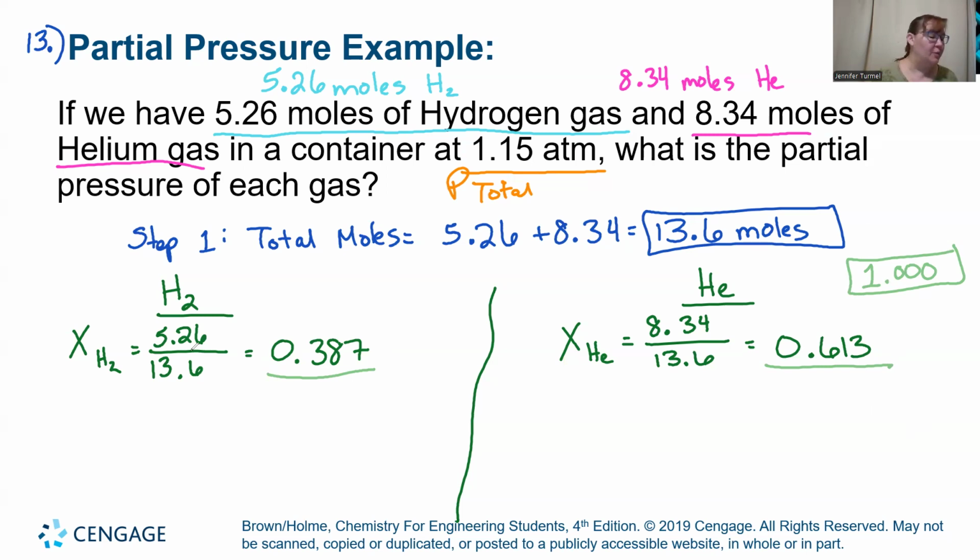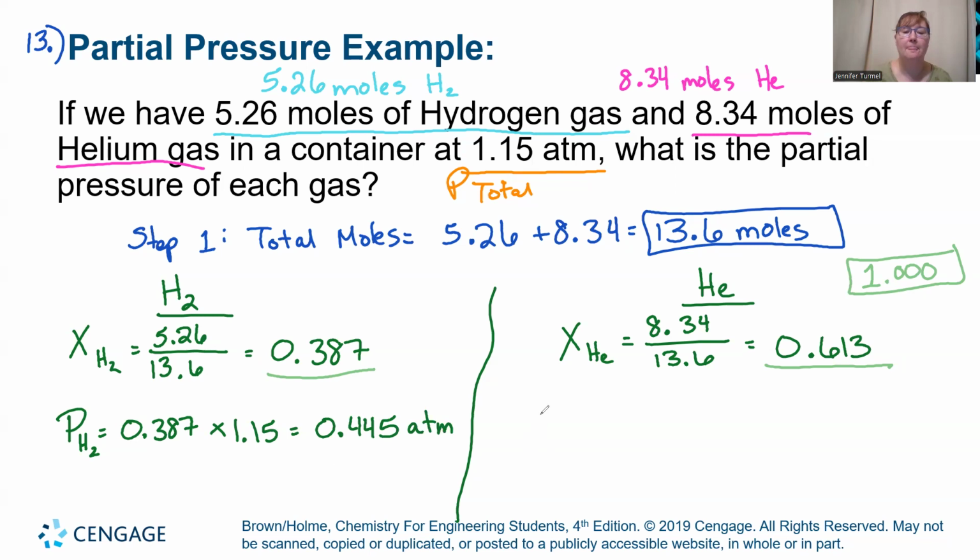Now what we can do is calculate our partial pressures. The partial pressure of our hydrogen is equal to its mole fraction, 0.387, times the total pressure, 1.15. That gives us 0.445 atmospheres for our hydrogen.